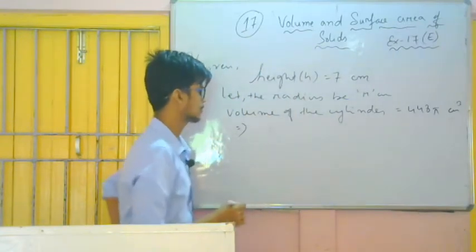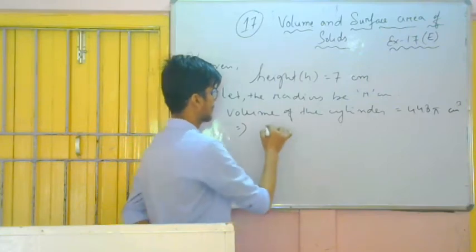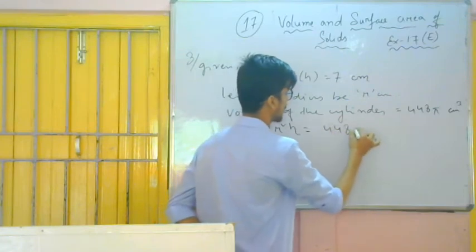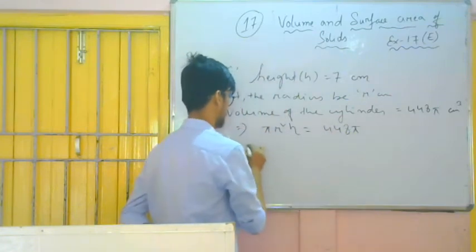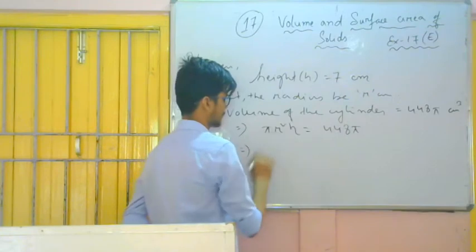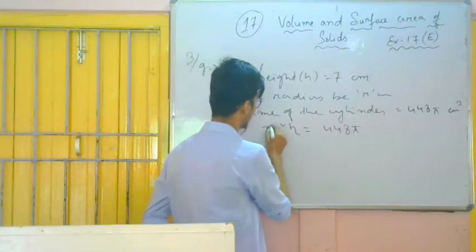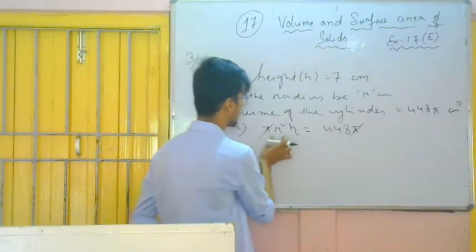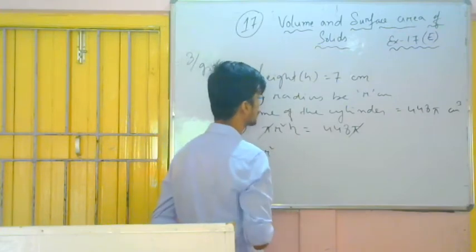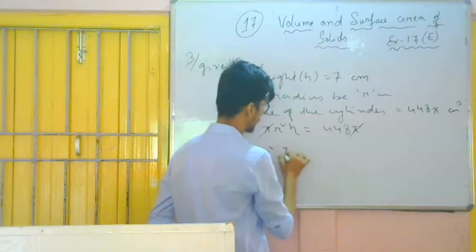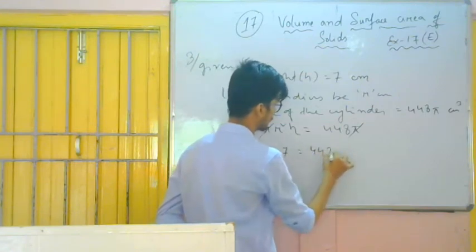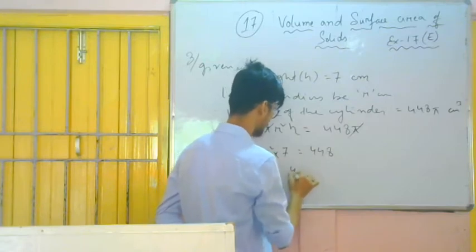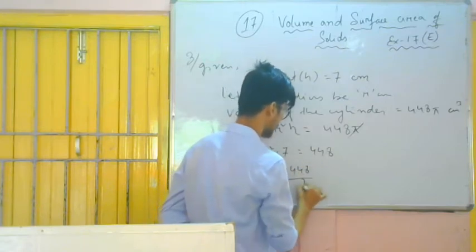So we know the formula of volume, pi r square h equals 448 pi. On this side pi is there, on that side also pi is there, I can cancel. Then r square is left, and the height we know is 7, which equals 448, implies r square equals 448 by 7.